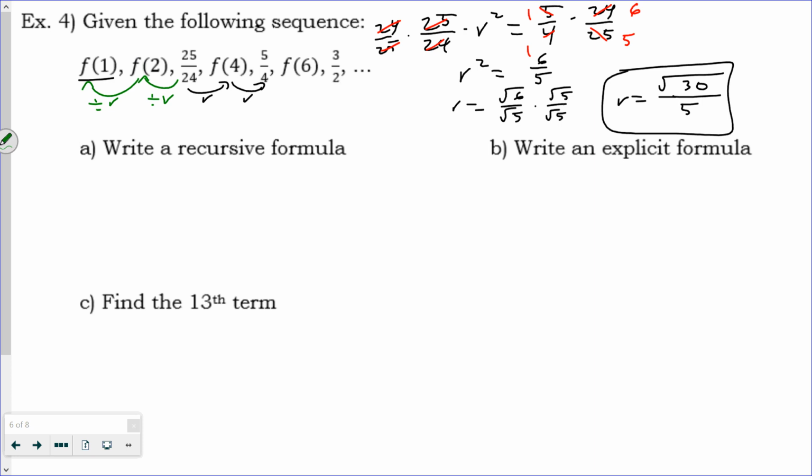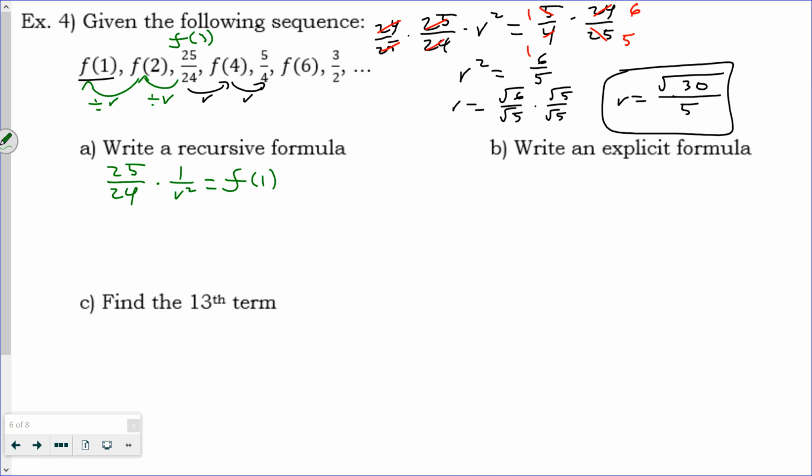So 25 over 24 divided by, or multiplied with, 1 over r squared equals f of 1. 25 over 24 is f of 3, so I'm dividing it twice to get to f of 1. Dividing by r is the same thing as multiplying by 1 over r. So it's 25 over 24 times 1 over r squared.